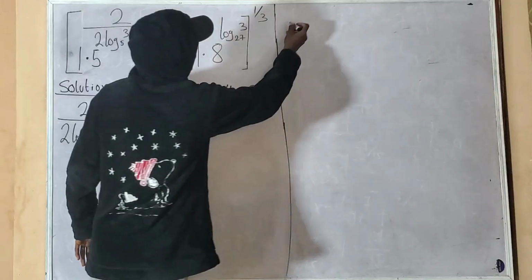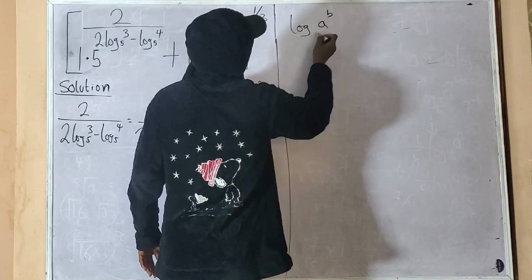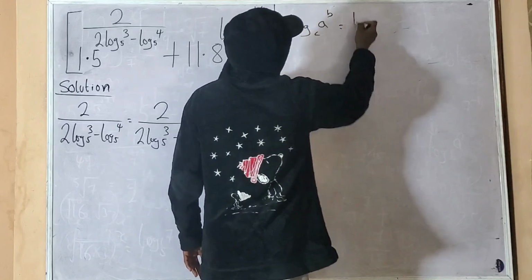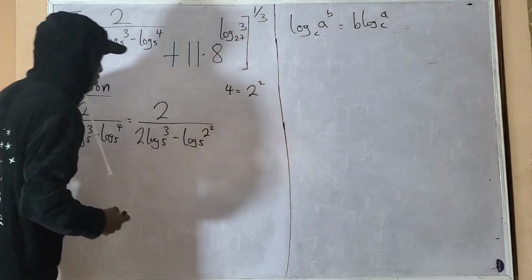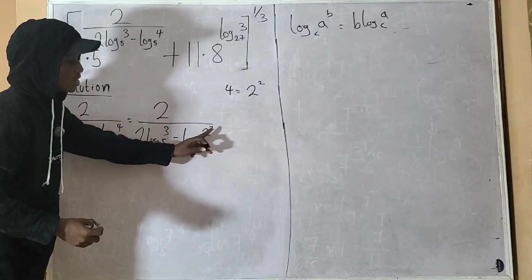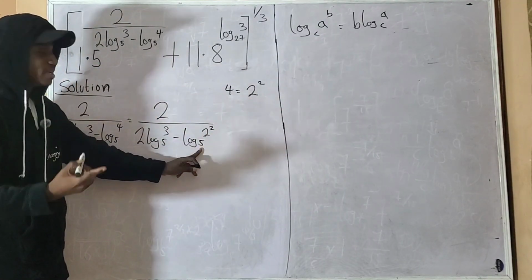Recall that if you have the log base c of a to the power of b, this can be written as b multiplied by log base c of a. So log_5 of 2 squared can be written as 2 log_5 2.